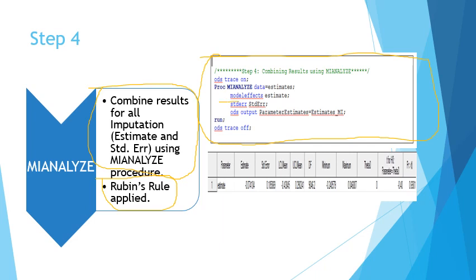In model effects, I have included the estimate, and in standard error, I have included the standard error variable, and it will give us the final estimate for our dataset based on multiple imputation.